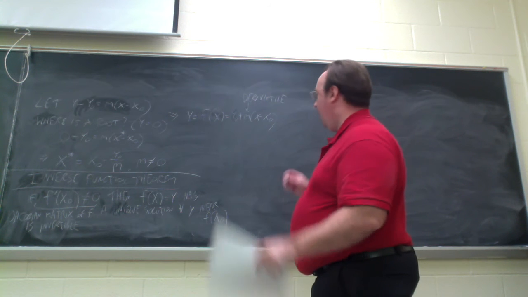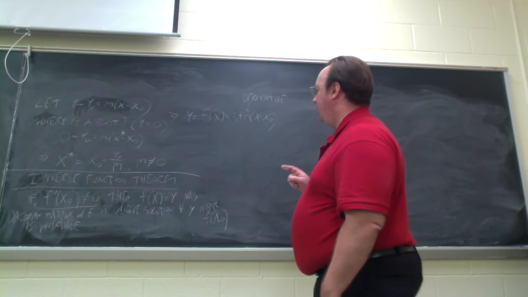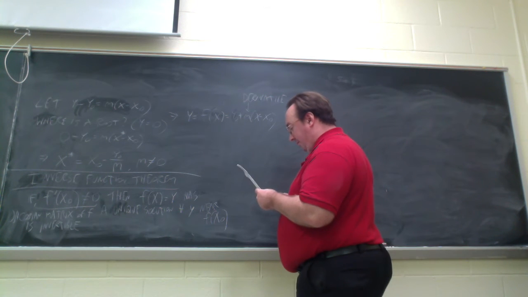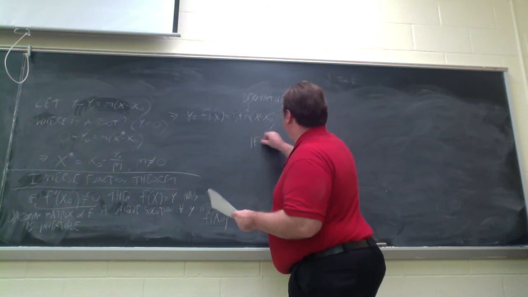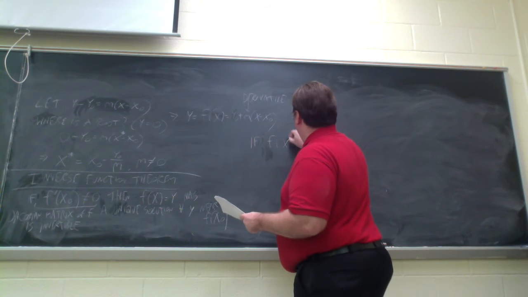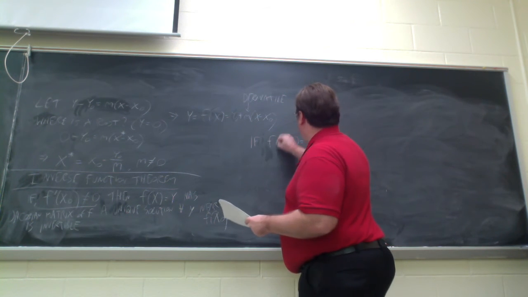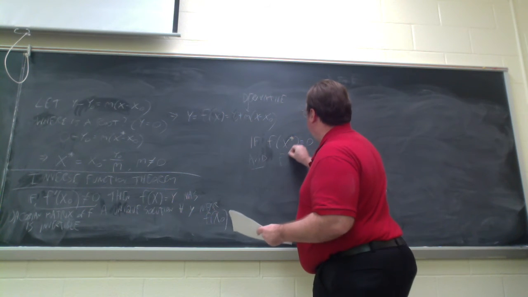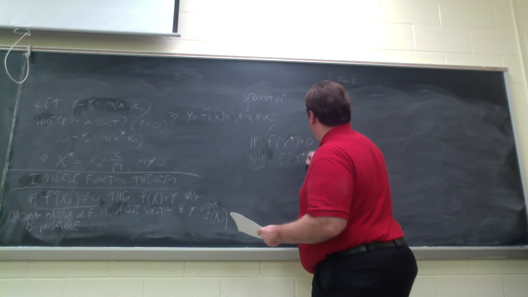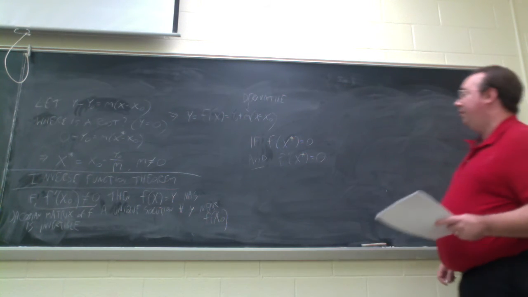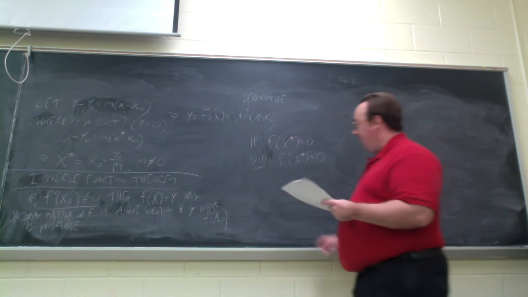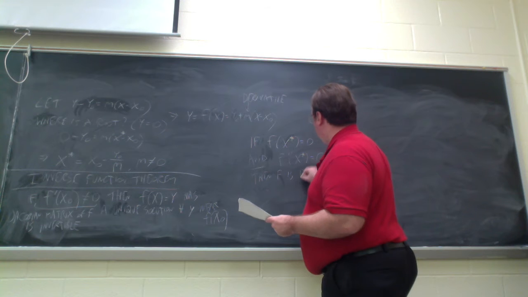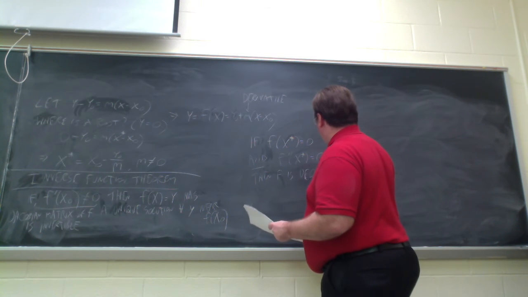Now, one issue that can come up which causes trouble for numerical methods is if you have a root of your function f, and the derivative at that same point is also 0, then you say that f is degenerate.